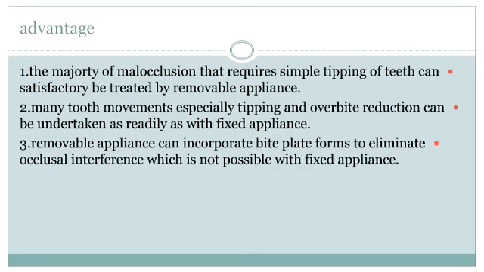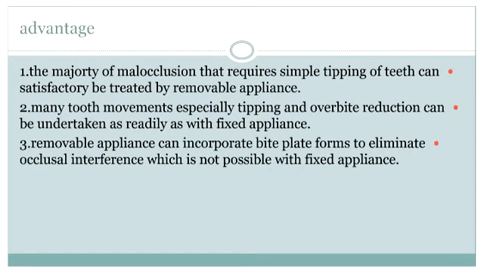Advantages. The majority of malocclusions that require simple tipping, here we put a line under simple tipping of the teeth, can be satisfactorily treated by removable appliance. Many tooth movements, especially tipping and overbite reduction, can be undertaken as readily as with fixed appliance.